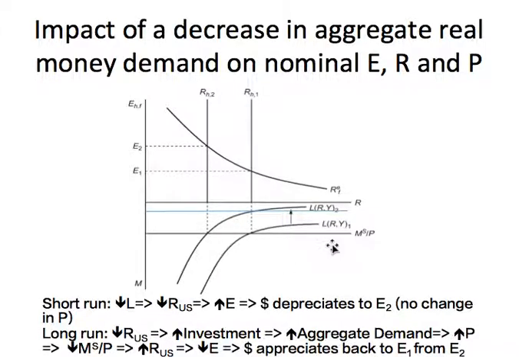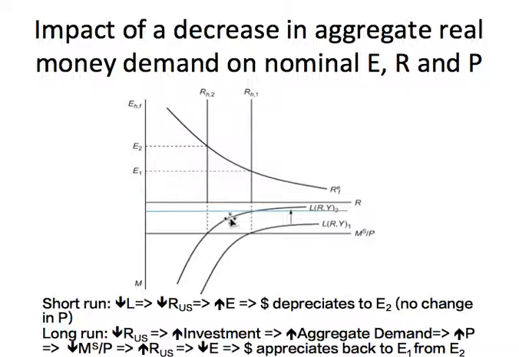Now if this goes down, then the original real money supply curve given by this black horizontal curve here will shift up, because real money supply goes down. The money supply curve must shift to the left, or shift upward. And it will shift upward to such a point that we come back to the original interest rate.